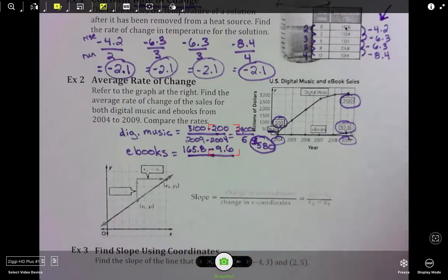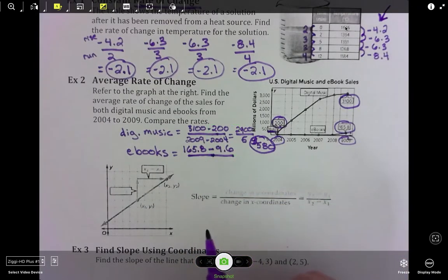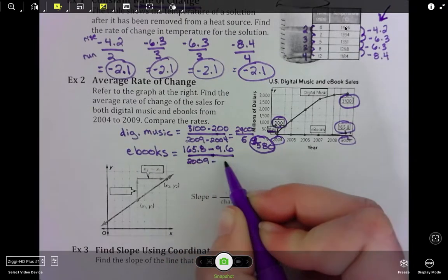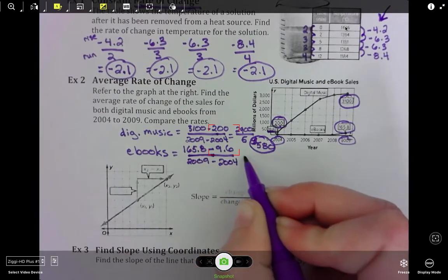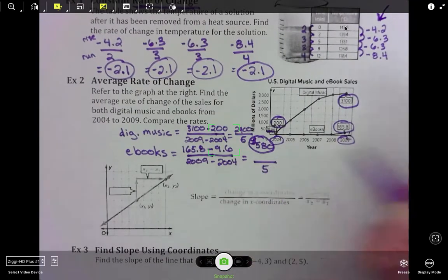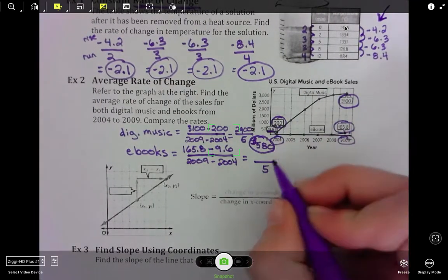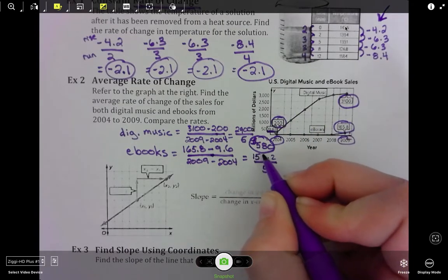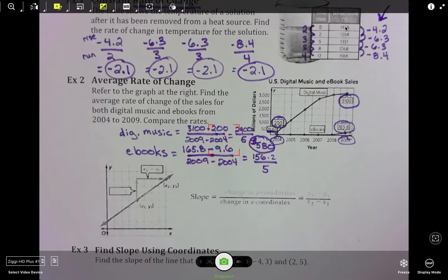Okay, that's where it starts and where it ends. Okay, and again at the bottom I have 2009, and I'm going to subtract 2004. Okay. So my bottom number should be 5 again, but my top number, if I subtract that, let's see, 156.2, I think is what it should be.